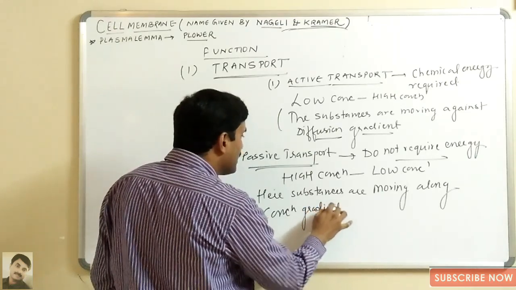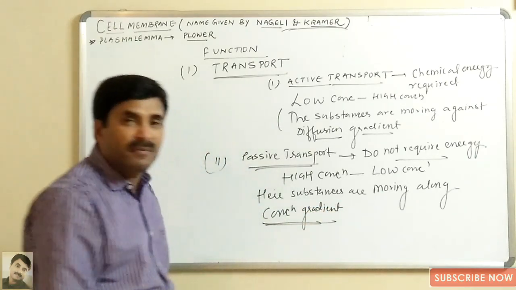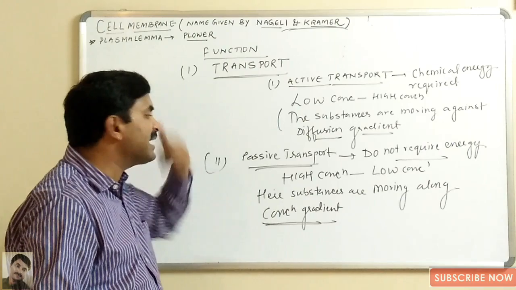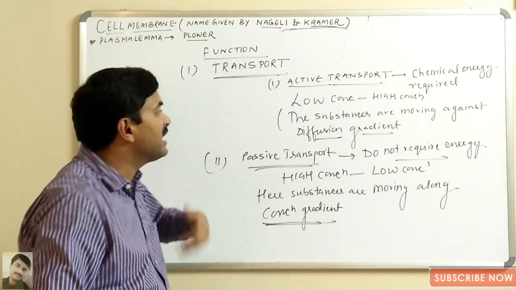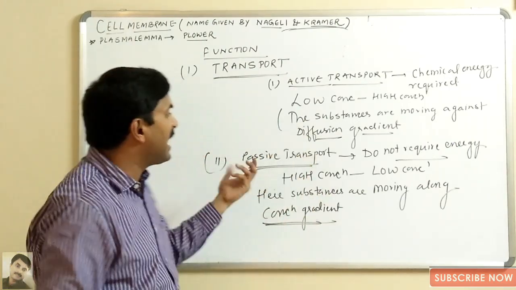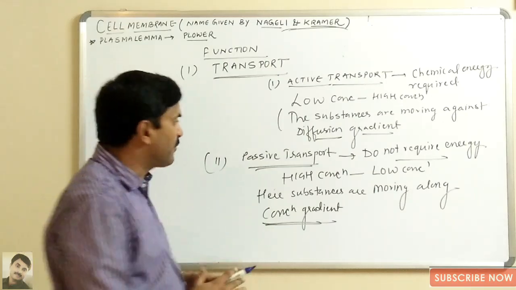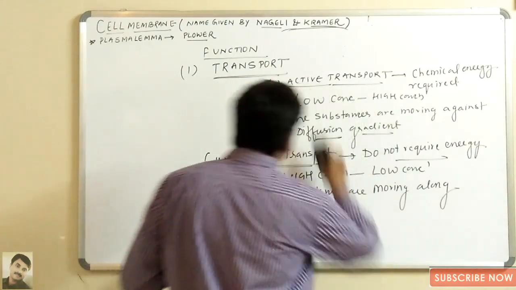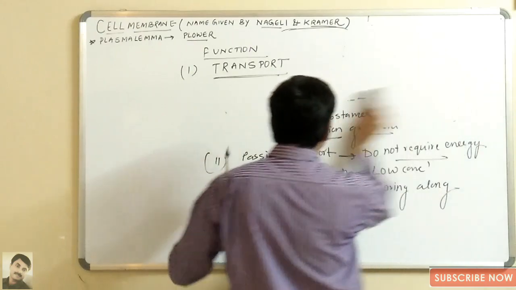Means here the substances are moving from high to low, and therefore they are not moving against the concentration gradient, they are moving in favor of the diffusion gradient, and hence energy is not required. So passive transport, and one was active transport.